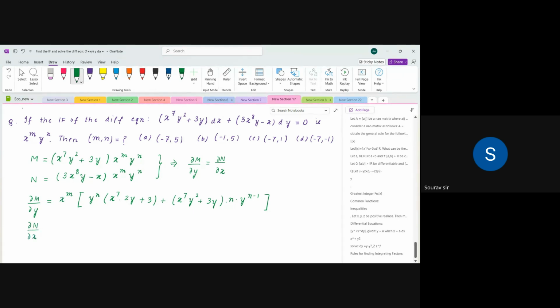Del n by del x. With respect to x, y to the power n is outside. So second into derivative of first. So that will become 24x to the power 7 times y minus 1 plus m into y raised to the power m minus x raised to the power m minus.